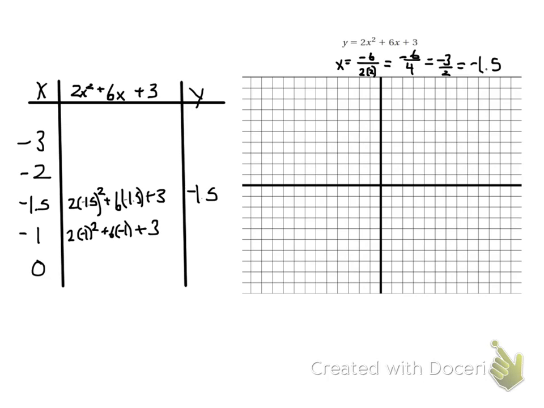We end up with 2 minus 6, which is -4, plus 3, which is -1. Plug in 0, and you get plus 3. So these repeat in the other direction.